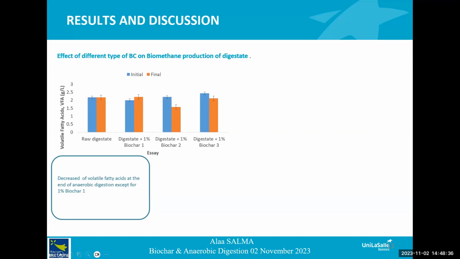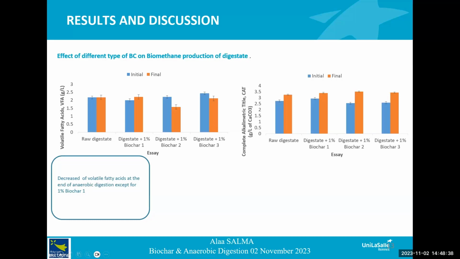Moving to the next slide. Here we study the volatile fatty acid profile for each experiment. So we have a decrease in volatile fatty acid at the end of the process, except for biochar 1. And this result is a little bit critical.